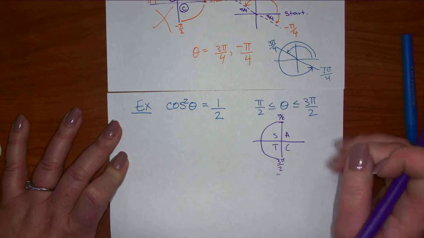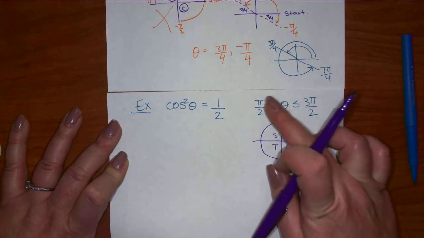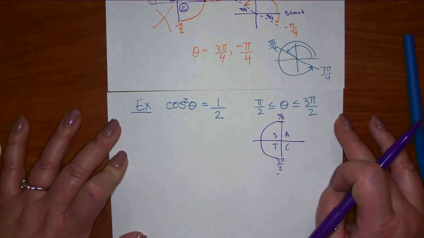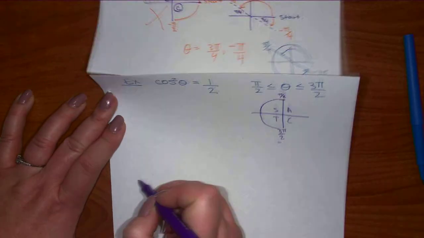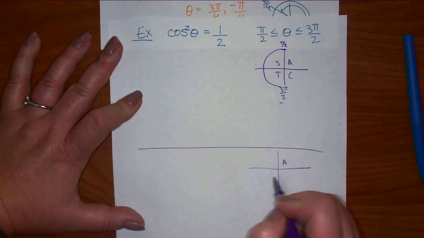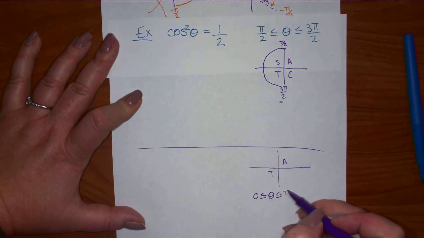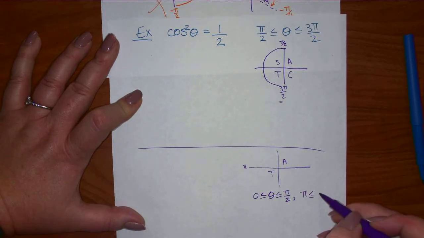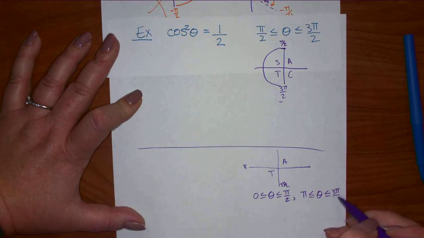You can't do it like S and C and not have these 2, unless you list it as 2 different intervals, which you wouldn't. So we'll finish this question in a second, but say we wanted A and T only. I would have to say 0 to pi over 2, comma, pi to 3 pi over 2.